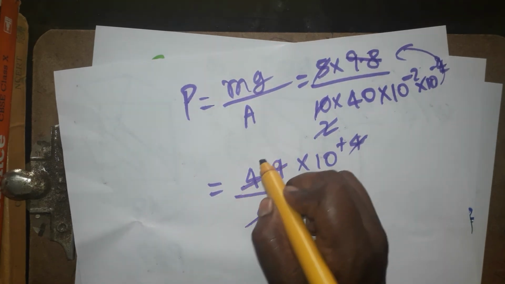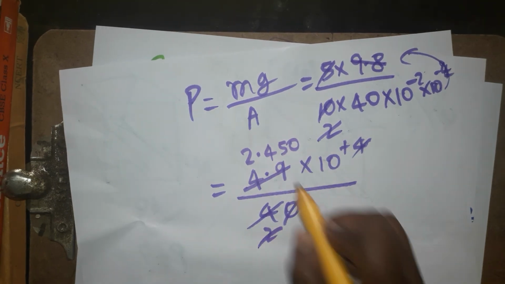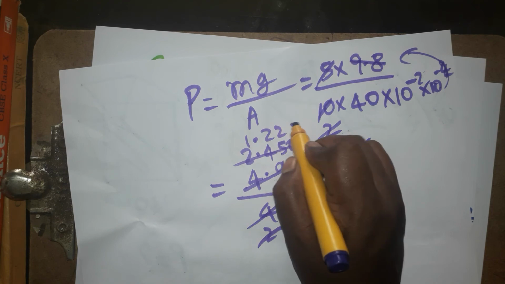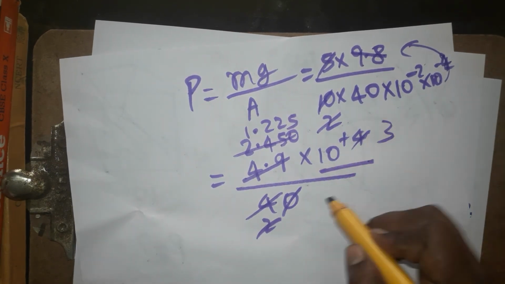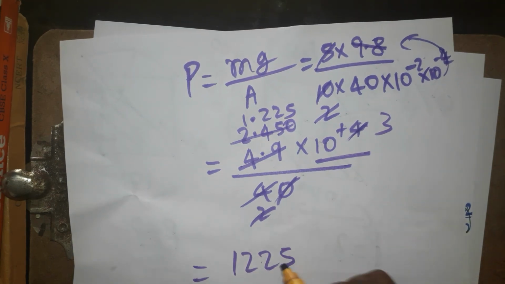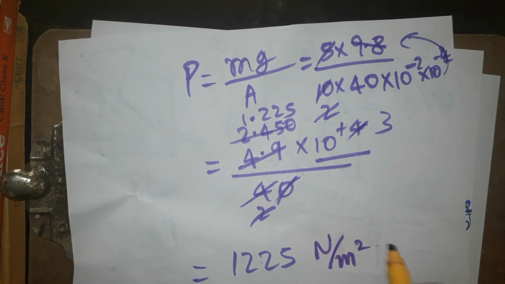Cancelling this, 2.450, and again cancelling with 0, 1.225 will get, into 10 power 3, because this 0 power will go. So 1225, because this number into 1000, we will get this much Newton per meter square pressure.